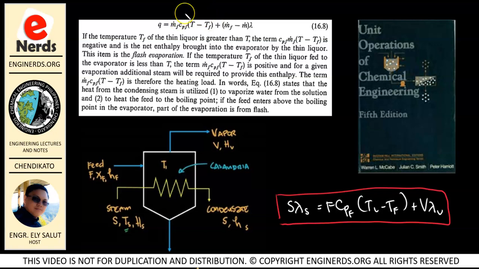Magkaiba lang kasi yung ginamit nating notation tsaka yung notation na ginamit ng McCabe-Smith. So, itong MF is the flow rate ng feed. Okay? So, kapag may nakita kayong dot dito sa taas ng M, it means this is a flow rate. So, we have mass flow rate here in our feed. So, nandito rin yung CPF natin.